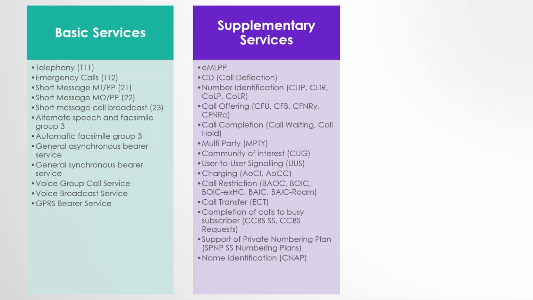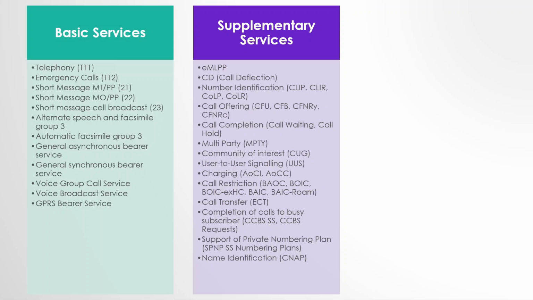Call restriction supplementary services allow the possibility for a mobile subscriber to have a barring of certain categories of outgoing or incoming calls at the mobile subscriber's access. Call restriction services can be applied to both incoming and outgoing calls.